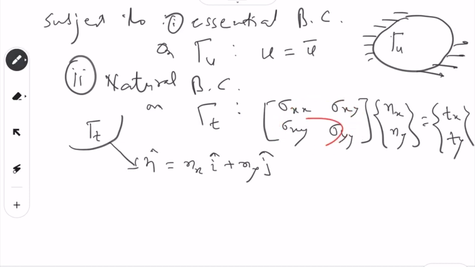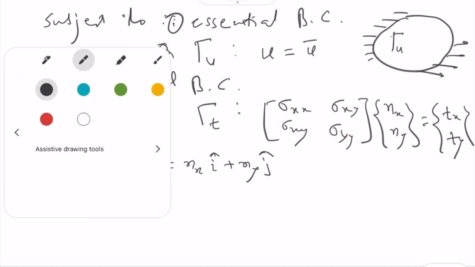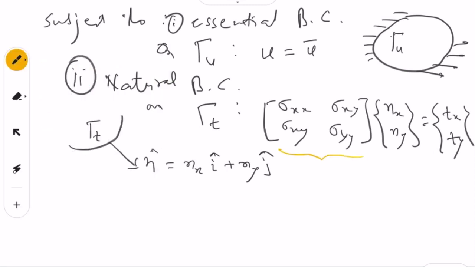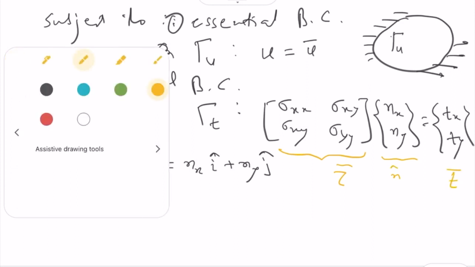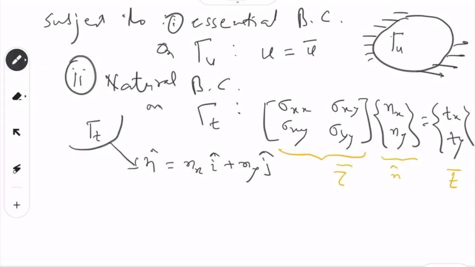We can also write, if we call this tau tilde, and this one is n, and this we call t bar, the same thing in a different notation: tau tilde n tilde equal to t bar.